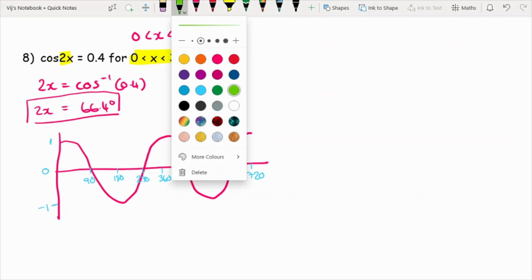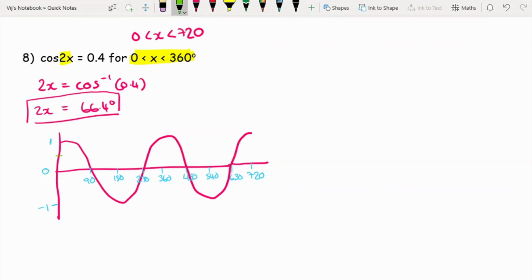So we're solving where it's 0.4. If I do a line where it's at 0.4, I'm looking for 4 possible answers. What this has told me is that this distance is 66.4.